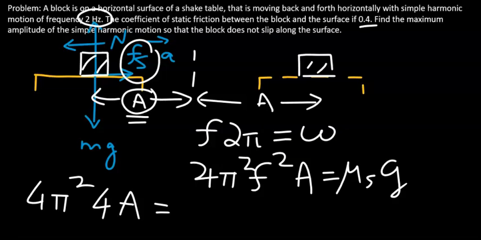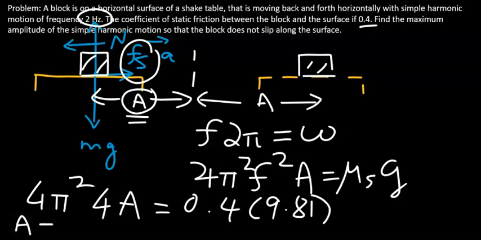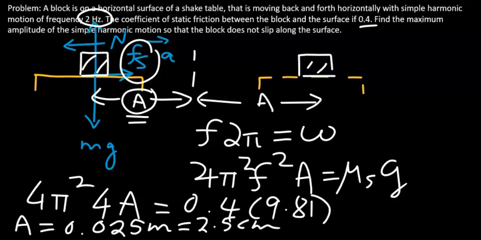Mu sub s is 0.4 times gravity 9.81, and you see you can determine the maximum amplitude, which is 0.025 meter, or simply 2.5 cm, and that solves the problem.